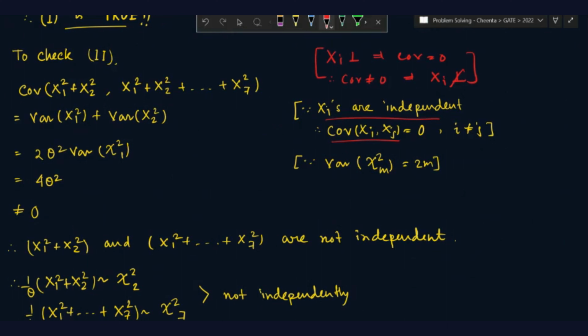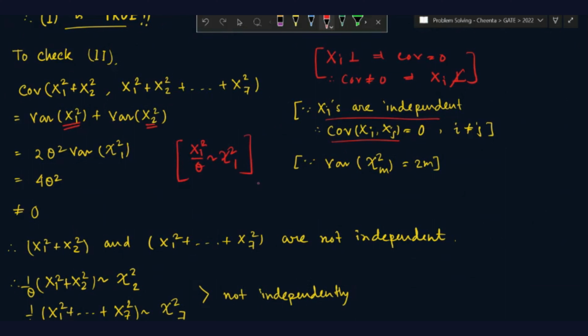Okay, so let us find the covariance of x1 square plus x2 square with x1 square plus x2 square up to x7 square. Now, since the xi's are IID, independent and identical, for the covariance term, the variance will exist only for the similar variables, and the rest will be 0 since covariance of xi and xj equals 0 for i not equal to j. So this will be 2 into variance of x1 square. Now x1 square by theta follows chi square 1.